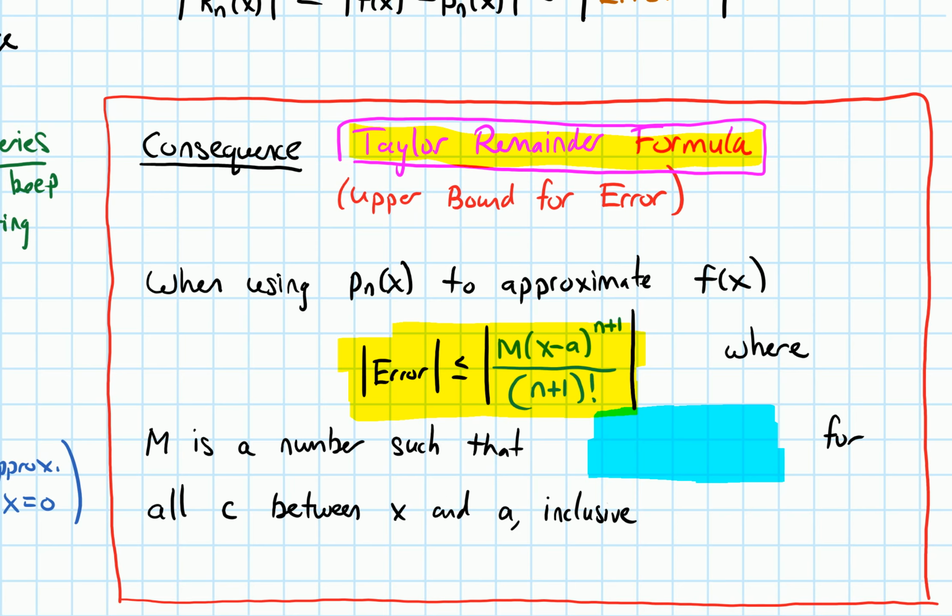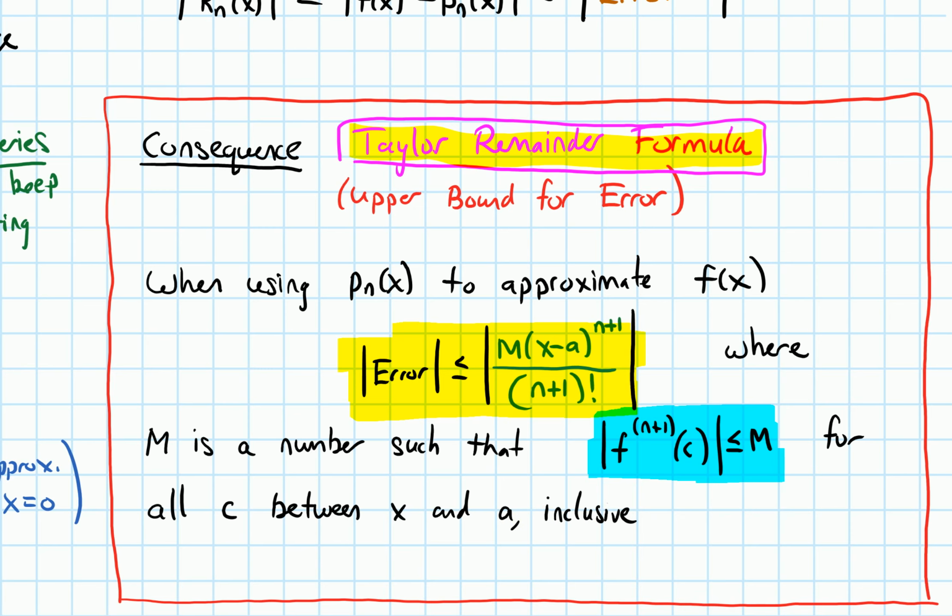where this number M is a number such that the absolute value of the n plus first derivative of f evaluated at c is less than or equal to M for all values of c between x and a inclusive.